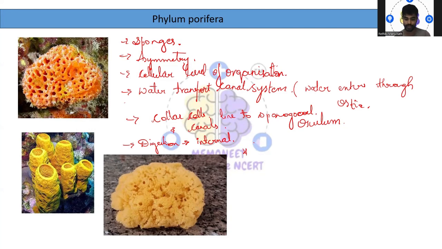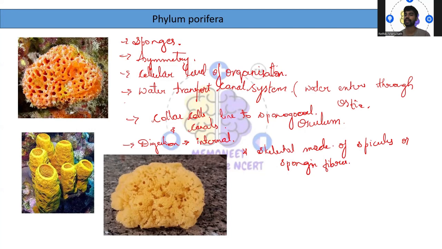Another very important point is that the body is supported by a skeleton which is made up of spicules or spongin fibers.